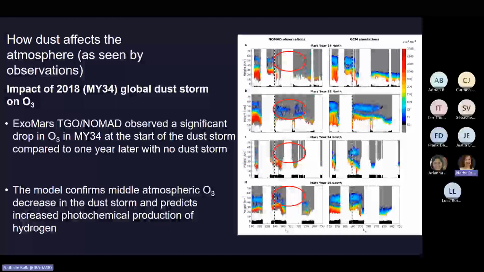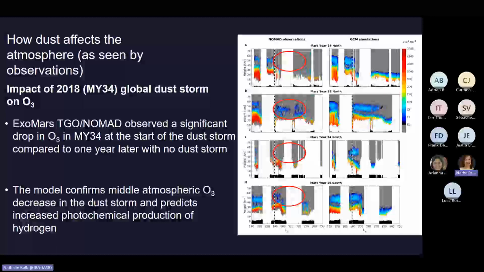You see this dashed line is the start of the Mars Year 34 dust storm, and there was a layer of ozone, and then just boop, disappeared. And then in Mars Year 35, you have the layer of ozone, but it stays. So we've got this behavior, and it's related to water, of course. But it's a little bit more complicated than that, which is why models are awesome, because we figure it out.